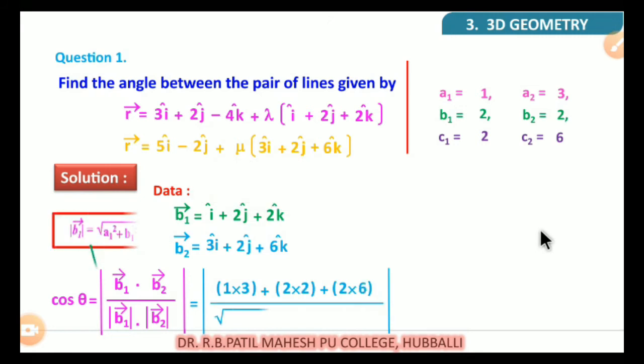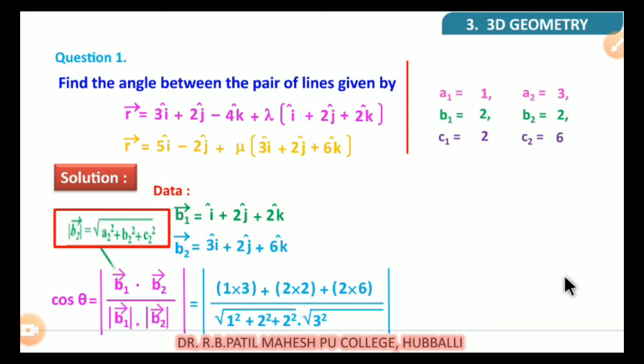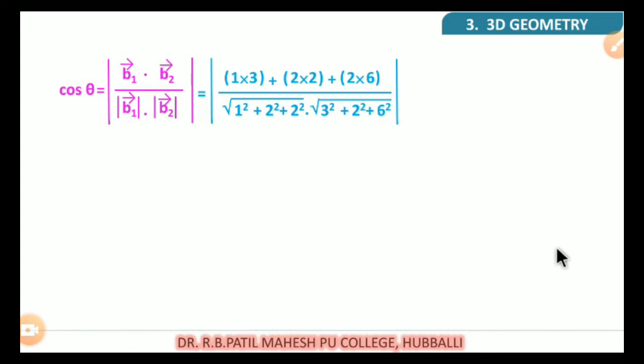whole divided by magnitude of b1, which is the square root of a1 square plus b1 square plus c1 square. So within the square root, add the squares of these three numbers. Therefore, square root of 1 square plus 2 square plus 2 square. Similarly, magnitude of b2 is the square root of 3 square plus 2 square plus 6 square.